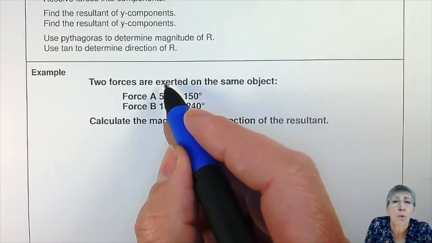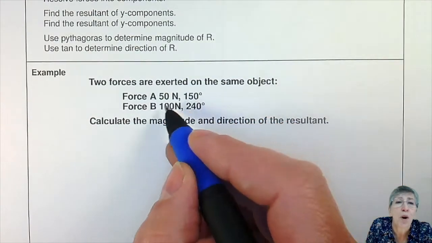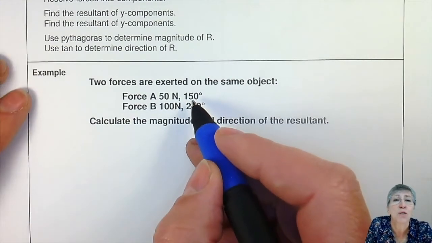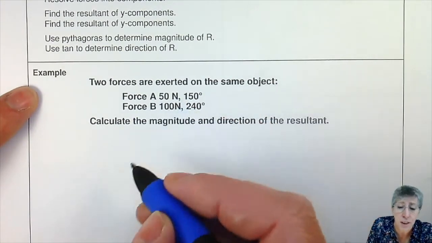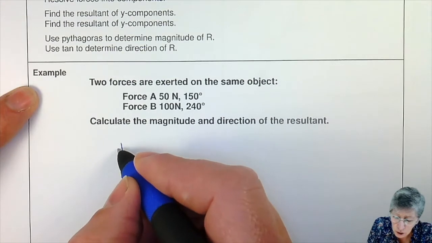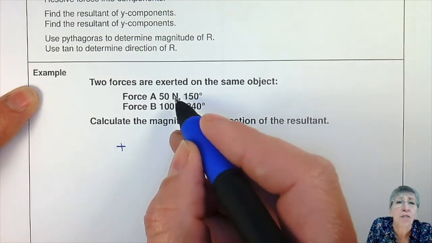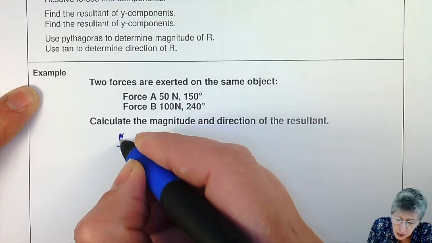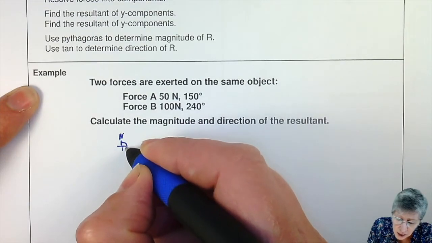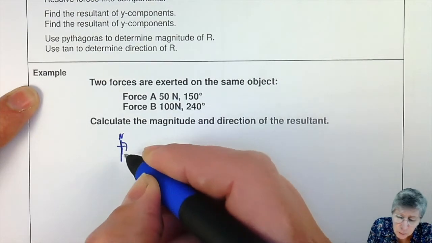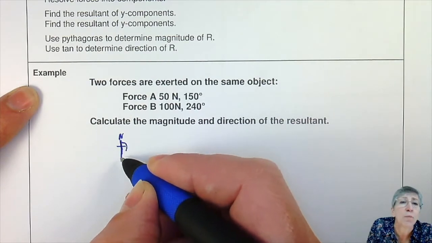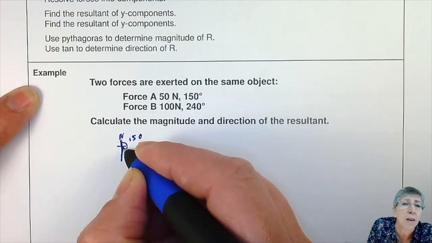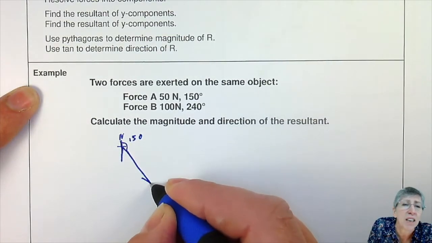You've got two forces exerted on the same object. There's a force A, and that is a 50 Newton force in the direction 150. So if I just make a quick drawing, not to scale, remember for 150 I have to work from north and clockwise up to 150. Remember, straight down to there would have been 180, so to have 150 over there, it means it will be something like this.